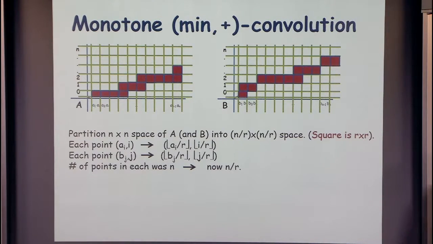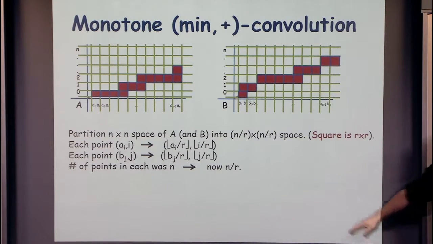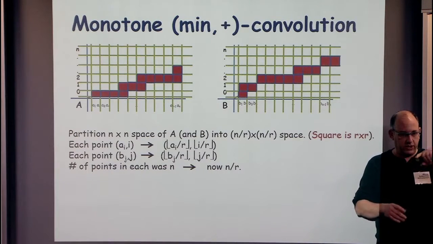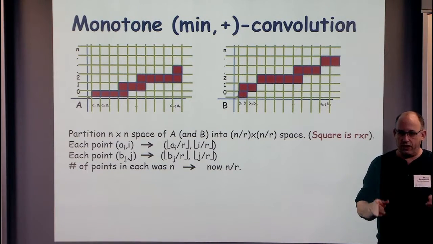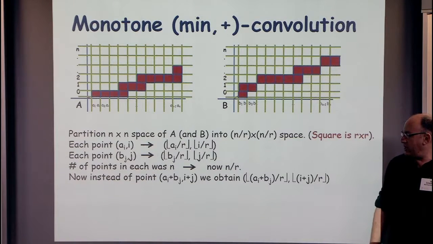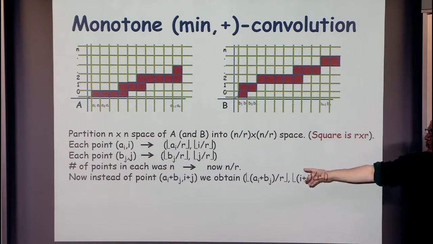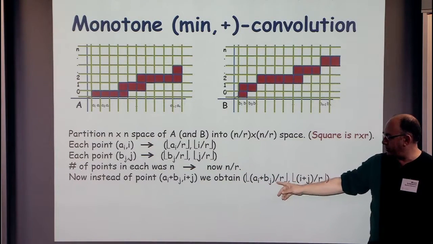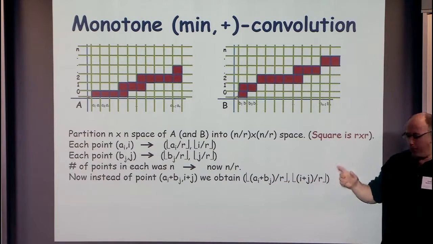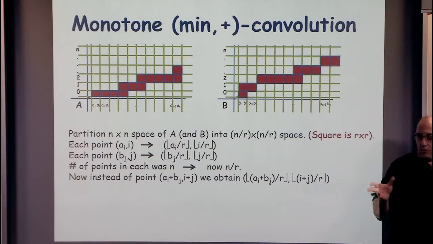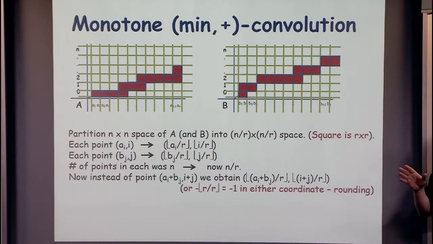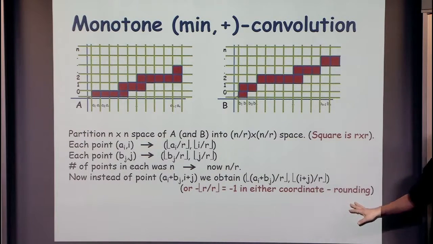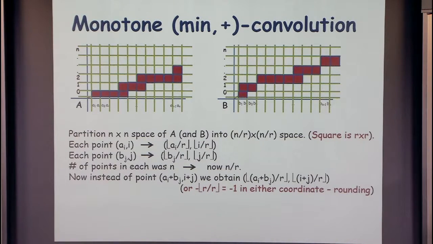Now, the number of points in each of these graphs is going to be n divided by r, because it was a linear line, and now since we've rounded down by r, it's going to be n divided by r points. And instead of a point ai plus bj in the sum, we get ai plus bj divided by r, lower bounded, and i plus j divided by r. But we do have to be a little bit careful. We might lose 1 in either of the coordinates because of the rounding, but we're not too worried about that.